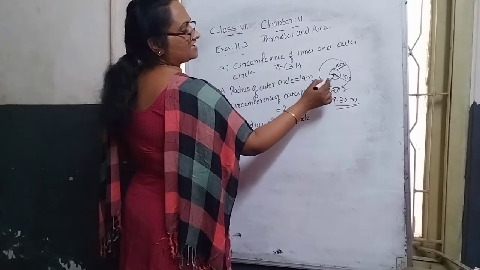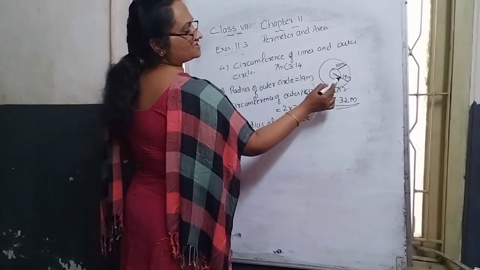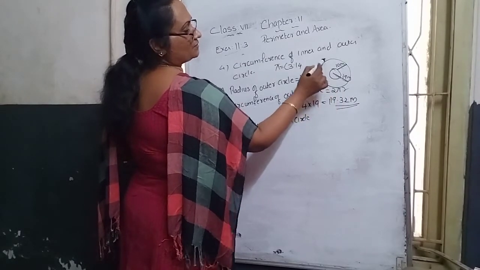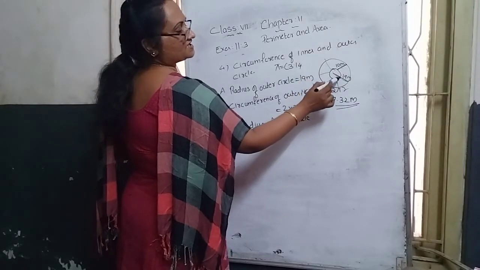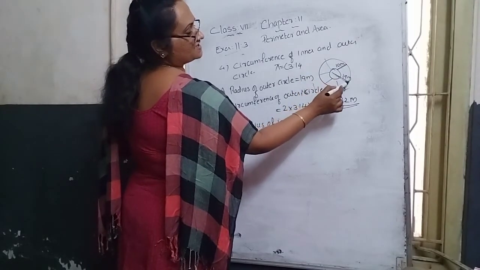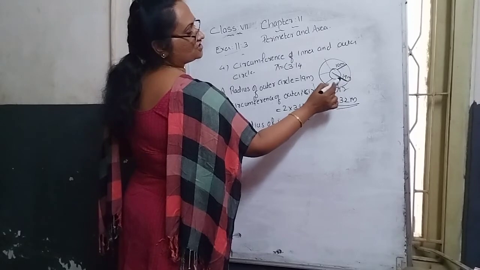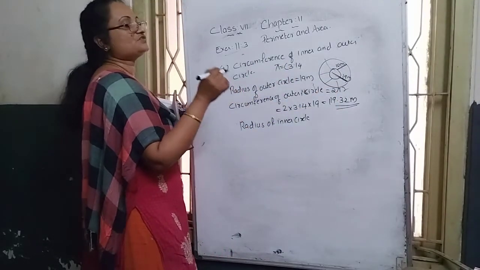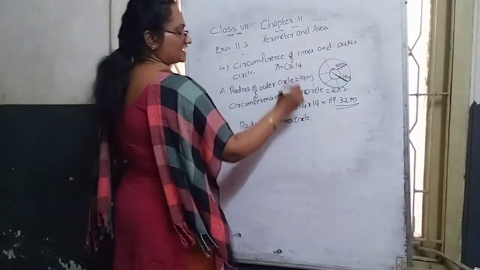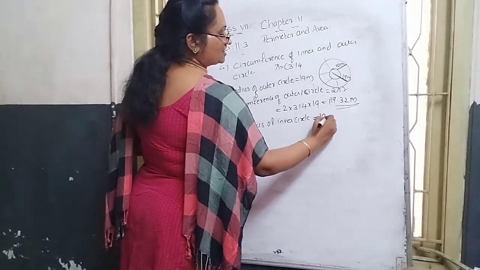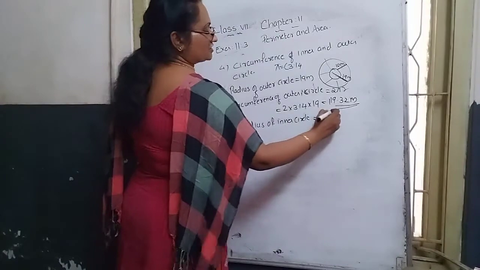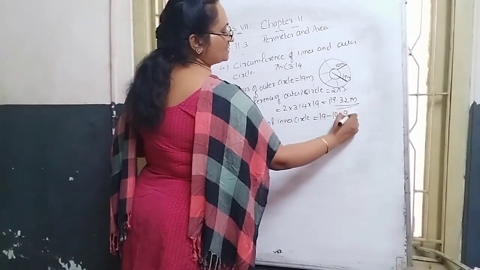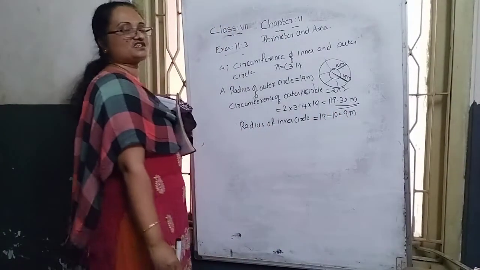Total length is 19. The width of the ring is 10. So 19 minus 10 becomes 9 meter. So the answer for the radius is 9 meter.